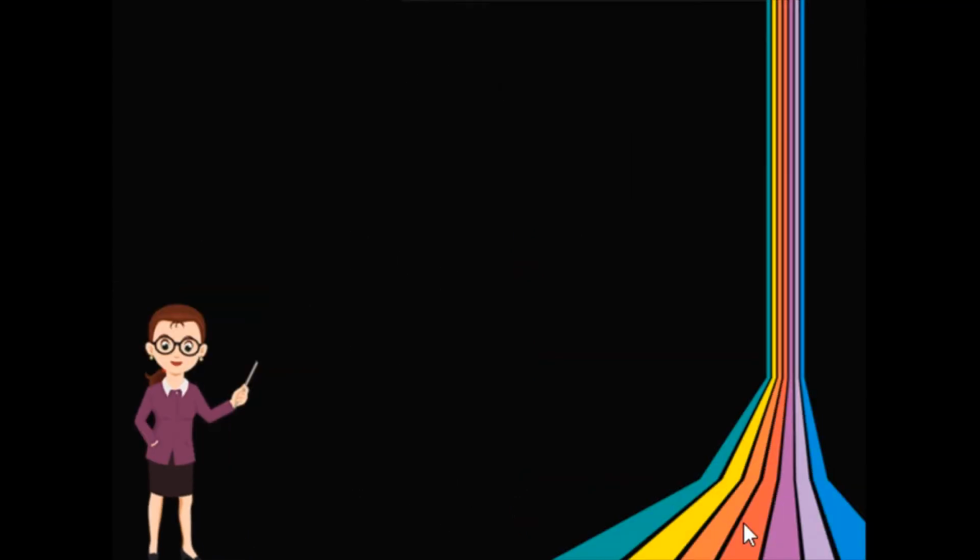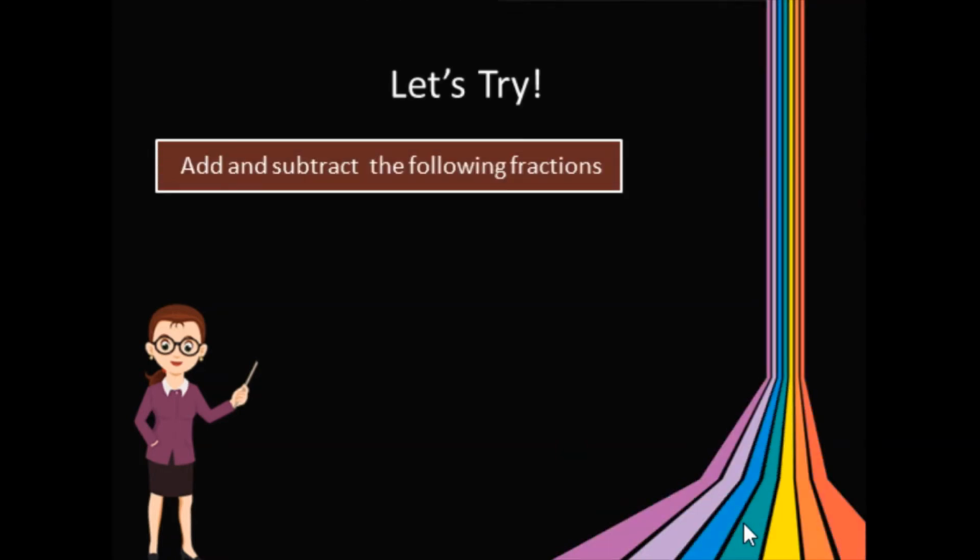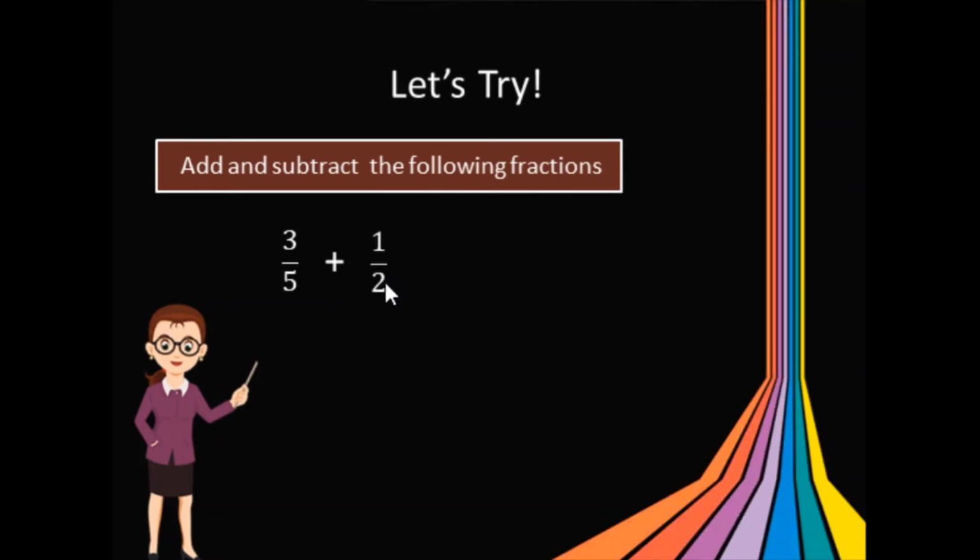How about this one? Let's try to add and subtract the following fractions, but this time the fractions are not equivalent. They don't have the same denominator. Alright? Let's have 3/5 plus 1/2.